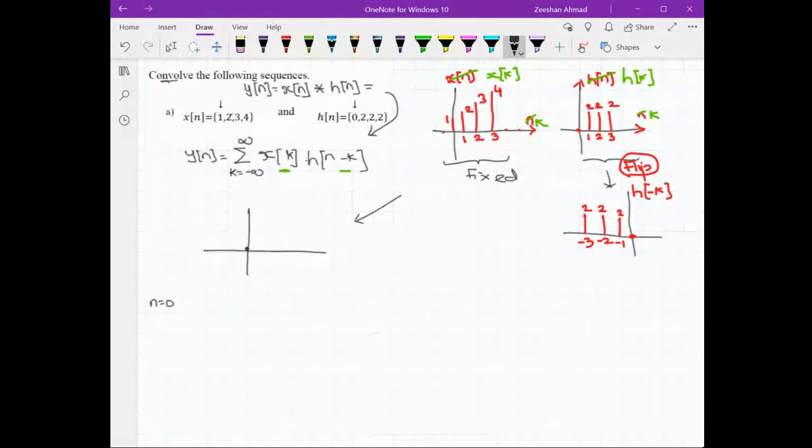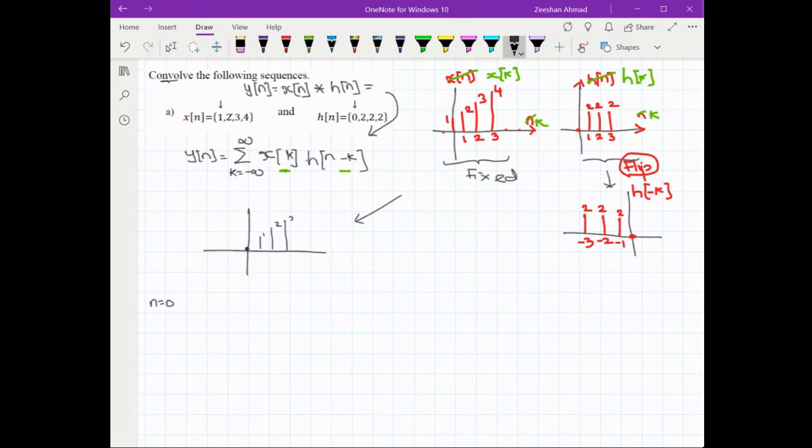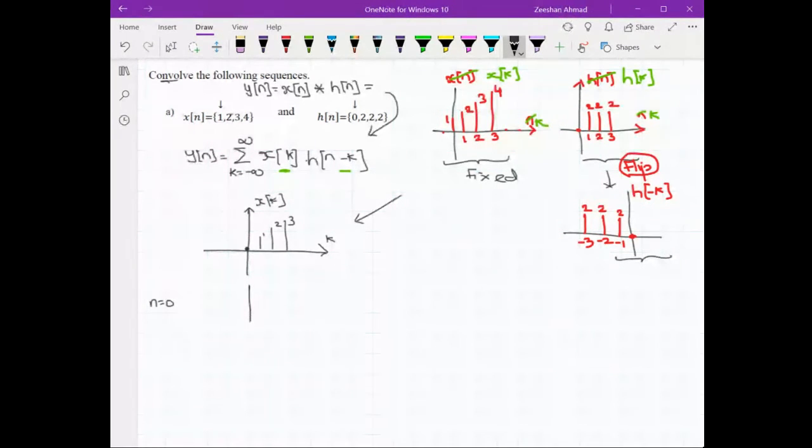This is your 0. This is 1. This is 2. And this is 3 here. Okay, and this is your k here. This is your x of k here. At n equal to 0, I'm just talking about this one. Okay, what will happen? This will be the situation with me here.